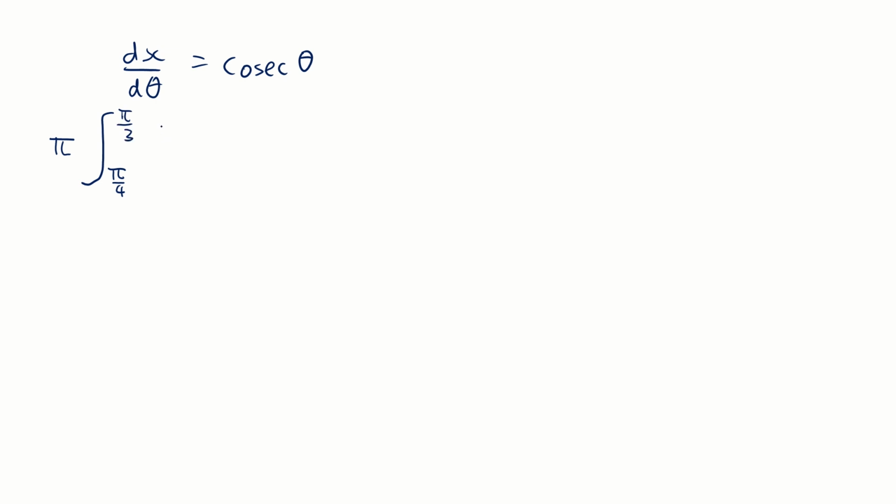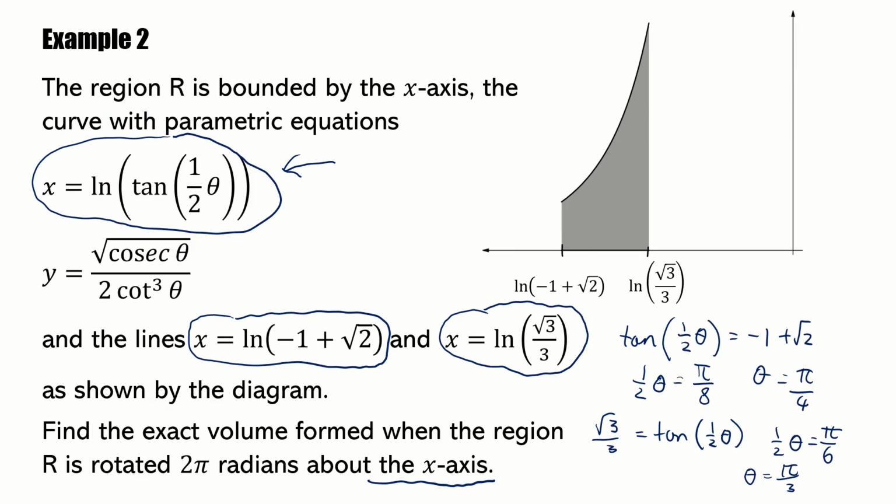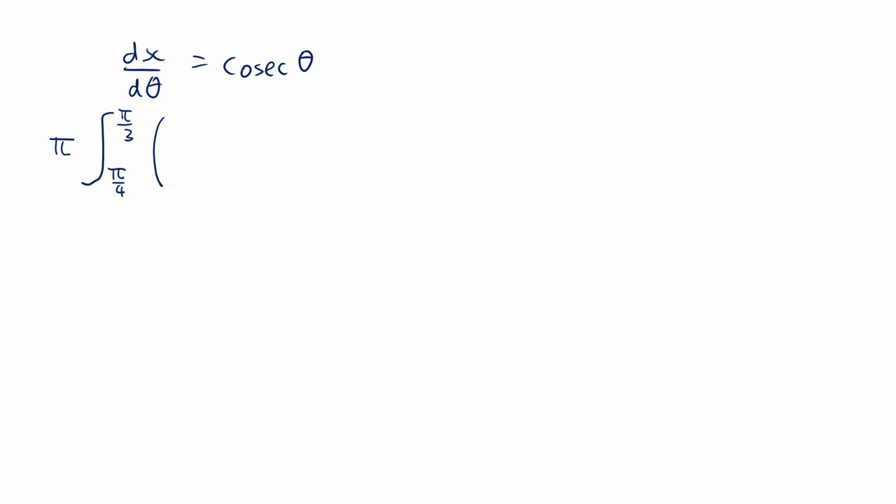We'll have our y squared, which if you looked back was the square root of cosec theta all over 2 cot cubed theta, and we're just going to be squaring that. So that doesn't look particularly nice, but don't worry, we will be able to do it. And then we've got our dx d theta as well, and then we're integrating with respect to theta.